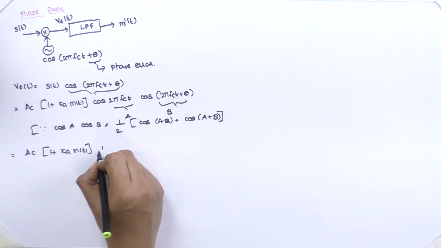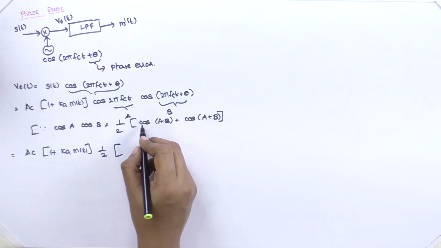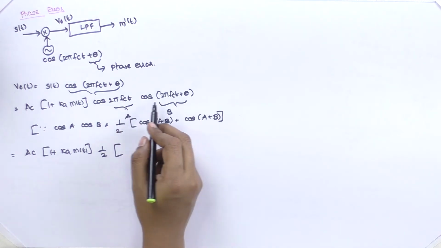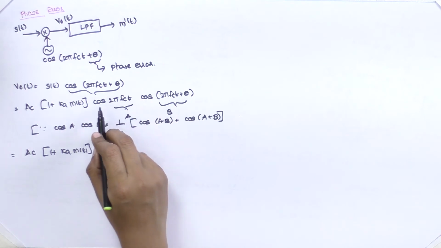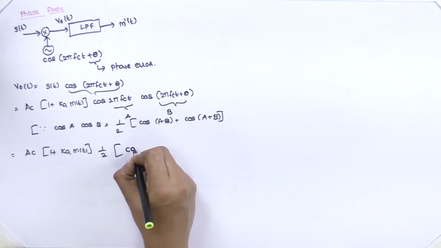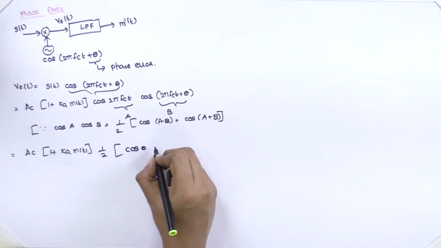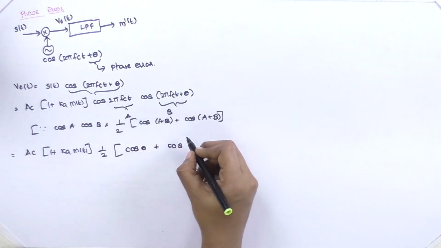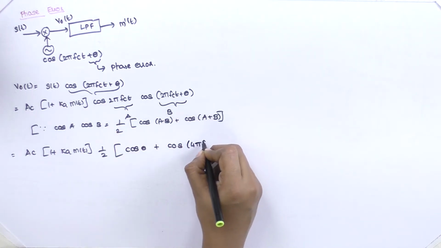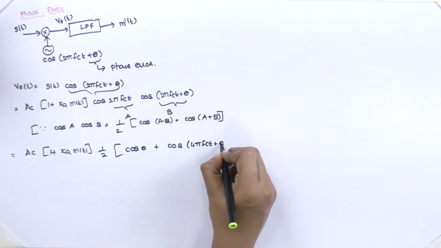Therefore, AC into 1 plus Ka m of t will be written as 1 by 2 into cos A minus B, that is 2 pi fc t minus of 2 pi fc t minus of theta. We know from the trigonometric identity that cos of minus theta is nothing but cos theta, plus cos of 2 pi fc plus 2 pi fc, written as 4 pi fct plus theta.